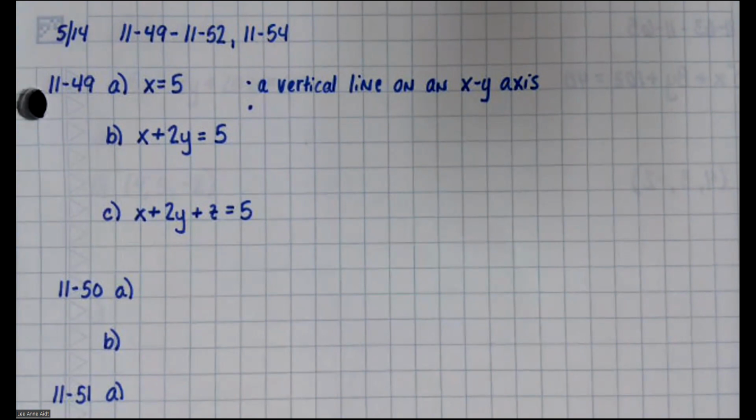How do we graph things in 1 dimension? This is a 2-dimensional thing, XY axis. What's a 1-dimensional thing? A dot.